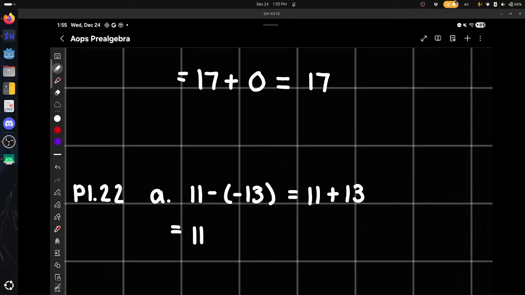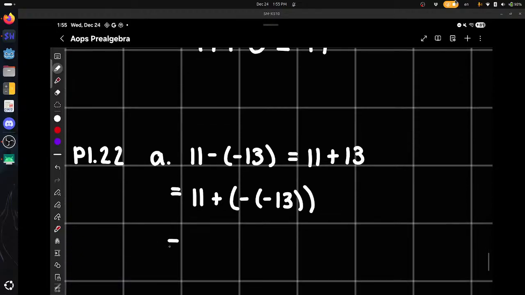So using the property they said, well, this is really 11 plus the negation of the negation of 13. We know that a double negation is just a positive number. So that's how we get the result.